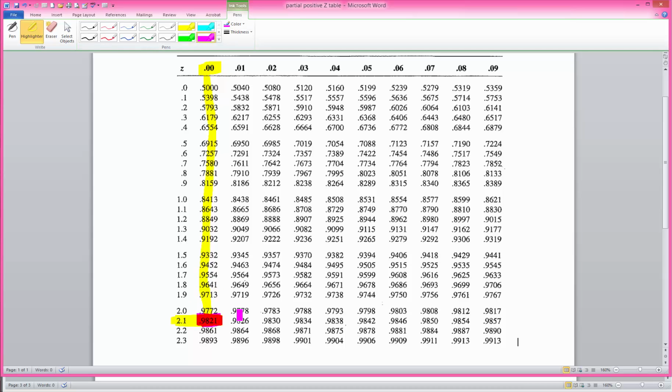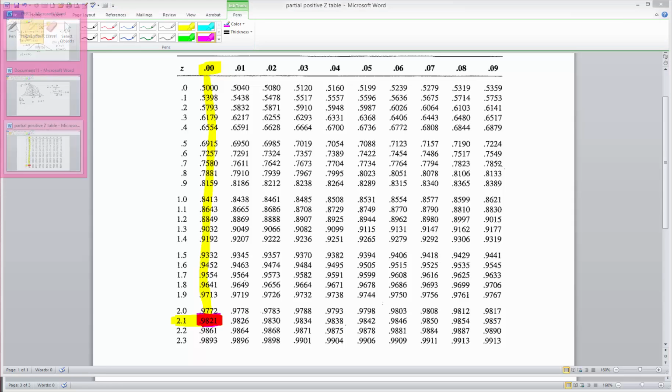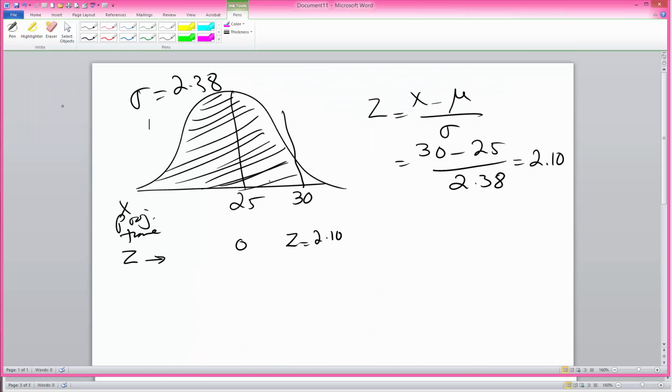So 0.9821 is the answer. If I come back here, I find out that 0.9821 is the answer to this problem. Okay.